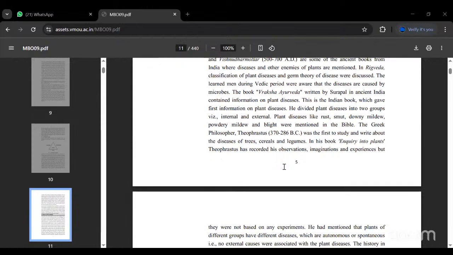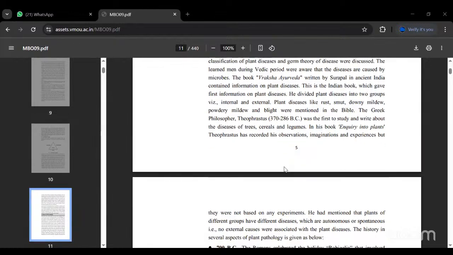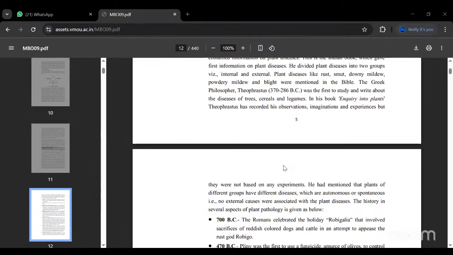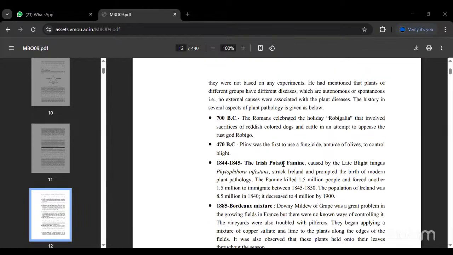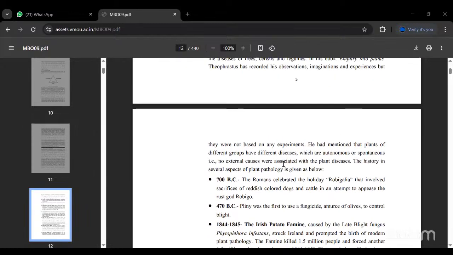In his book Inquiry into Plants, he recorded his observations and imagination, but they were not based on experiments. He mentioned that plants of different groups have different diseases, which are autonomous or spontaneous.